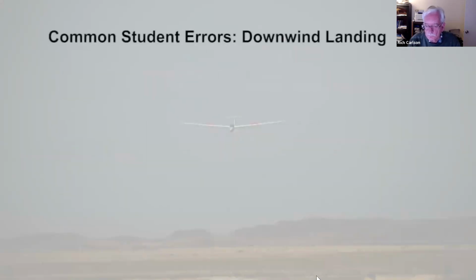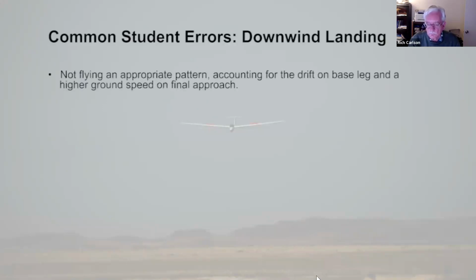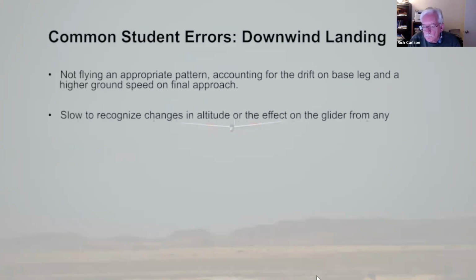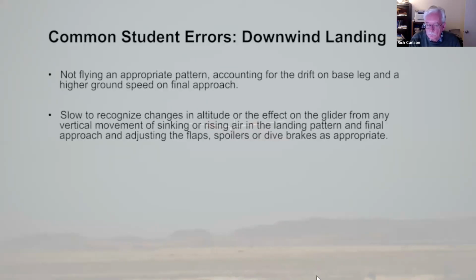Common student errors: downwind landing, not flying an appropriate pattern, accounting for the drift on base leg and a higher ground speed on final approach. Slow to recognize changes in altitude or the effect on the glider from any vertical movement of sinking or rising air in the landing pattern and final approach, and adjusting the flaps, spoilers, or dive brakes as appropriate.